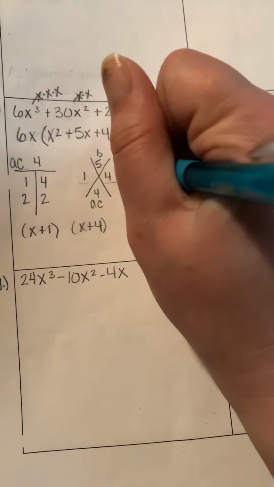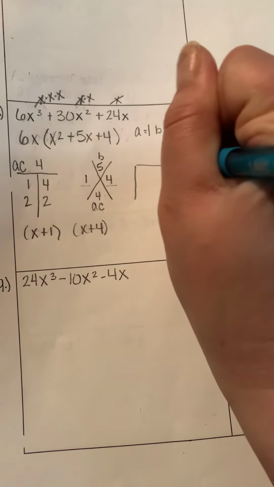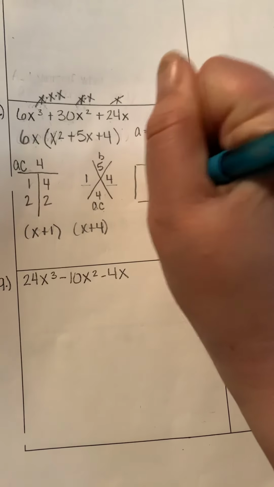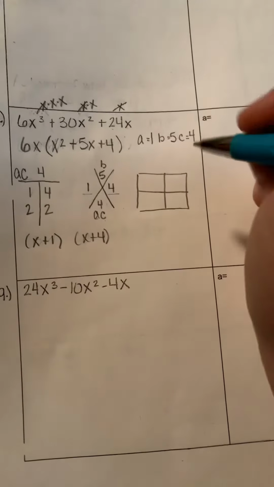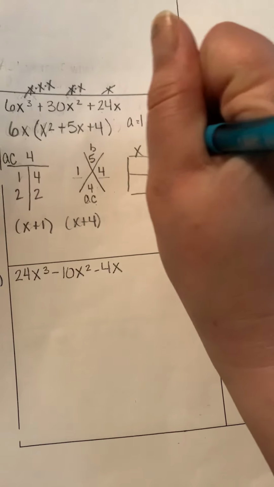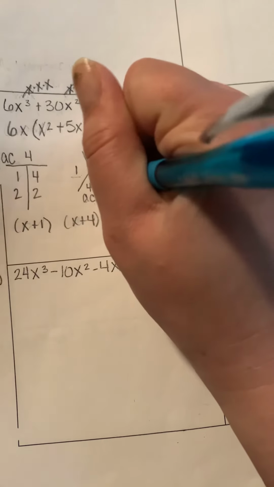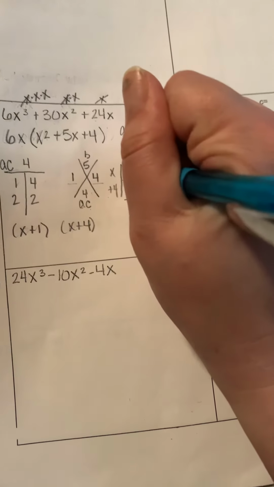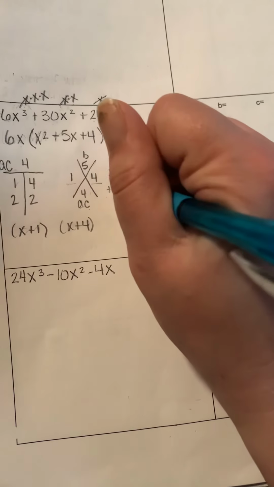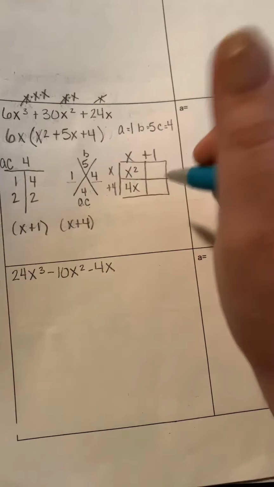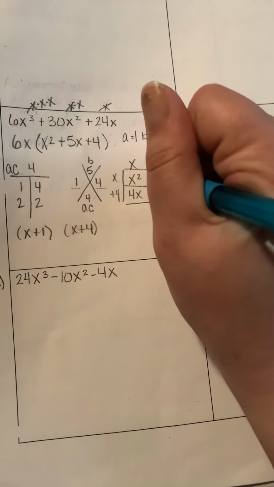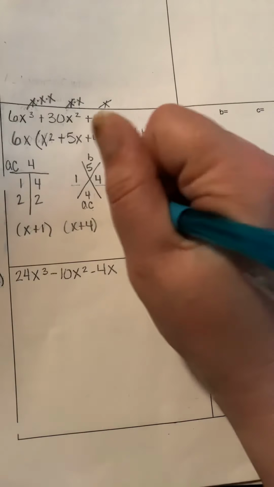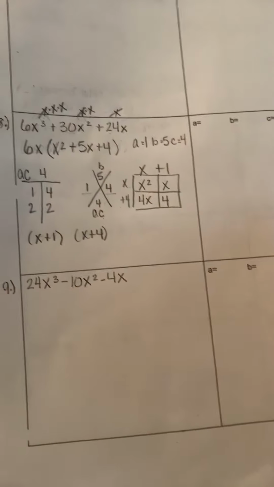Then we can take those factors, set them up as a box. So x plus 1, x plus 4, x times x, x squared, 4 times x, 4x, x times 1, 1x, and 4 times 1, 4.